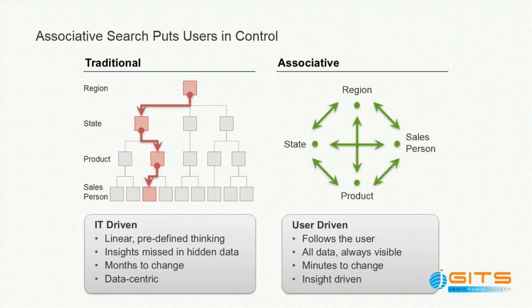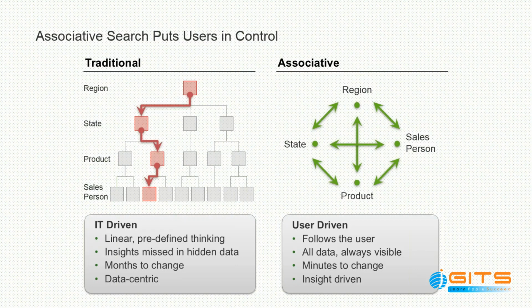And this approach, we can call it the traditional approach or the IT-driven approach, which is actually linear, which is predefined thinking, and there might be a lot of insights that might be missed in the hidden data. And the biggest challenge is that in order to make even the slightest change, it might take months before the changes are finally deployed into production. And everything is actually data-centric.